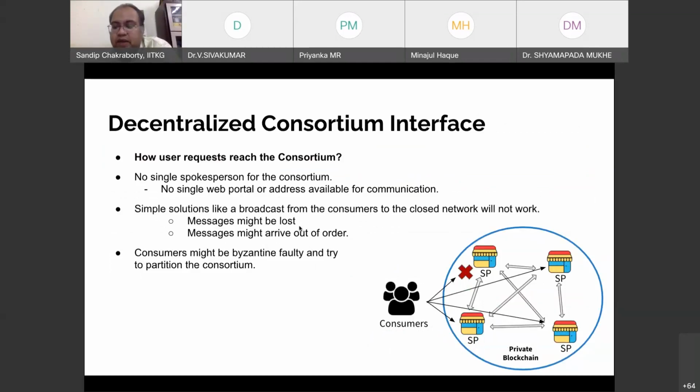But that will not work, because messages might be lost or arrive out of order. And as mentioned, the consumers might also be Byzantine faulty, and they can try to partition the consortium by sending one set of requests to one set of service providers and another set of requests to another set.